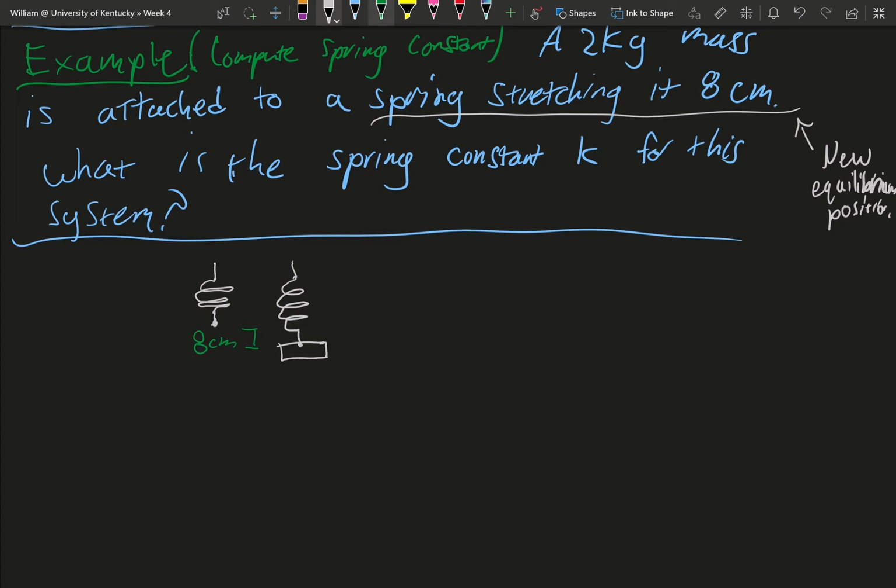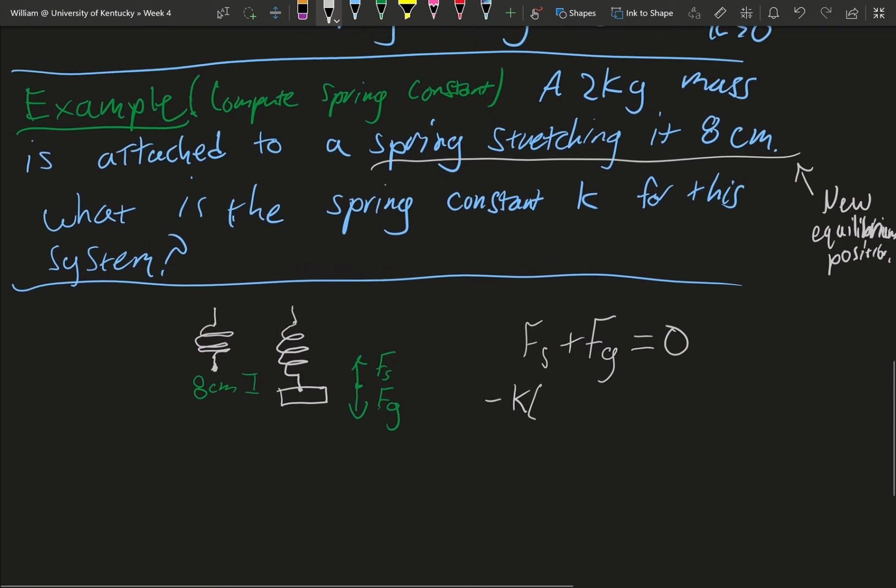We have a force going down due to gravity, and we have a force going up, which is being exerted by the spring. And this is our new equilibrium position. So really what that says is Fs plus Fg is equal to 0. Fs we can compute, at least in terms of K. Fs is negative K times our displacement of 8 centimeters.